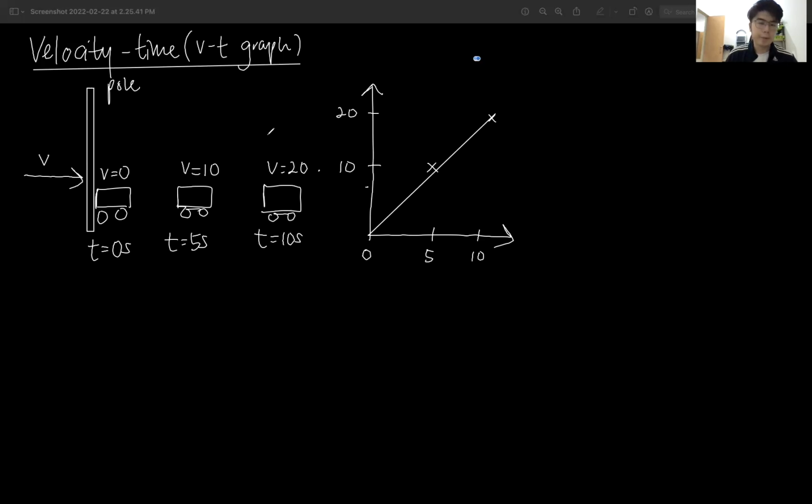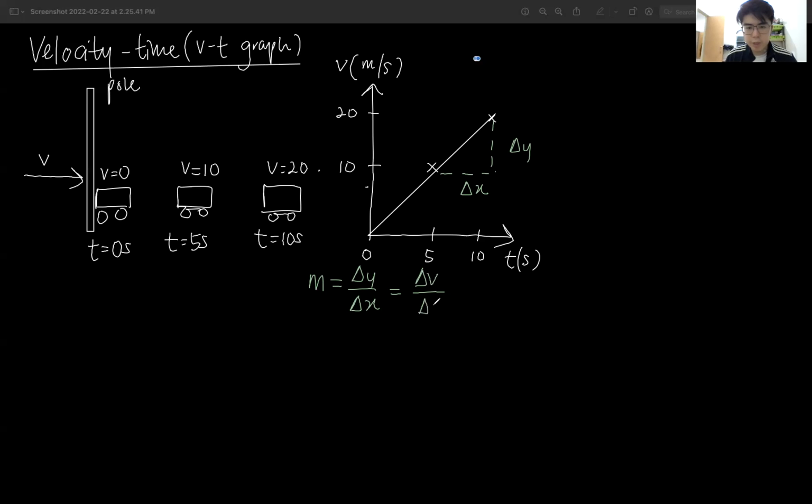Okay, now the gradient of the VT graph. So this one, look at the unit. V is in meter/second. T is in second. If I get the gradient, which is change in the y divided by the change in the x, m equals change in y over change in x. That means it's the change in the velocity over change in the time.